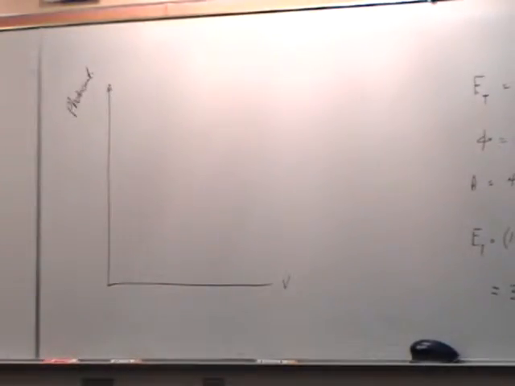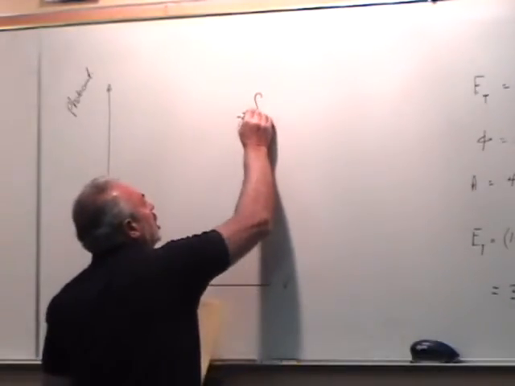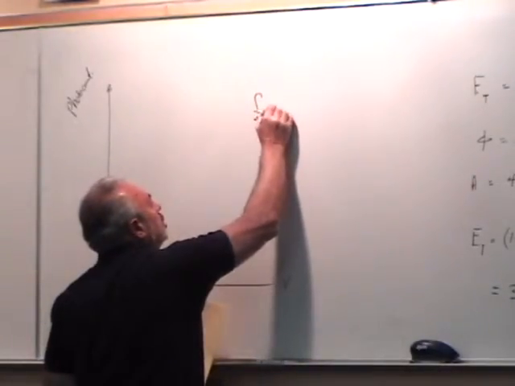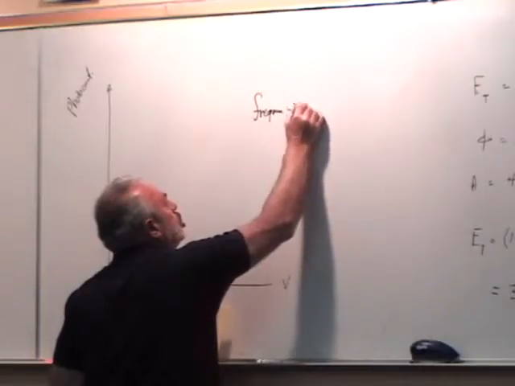So I'm going to be measuring the photocurrent, that's this measurement here, at given voltages. And I'm going to illuminate this with one specific color of light. So notice I'm going to say frequency, nu, equals constant.